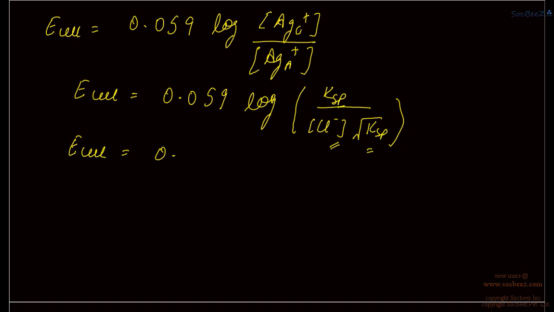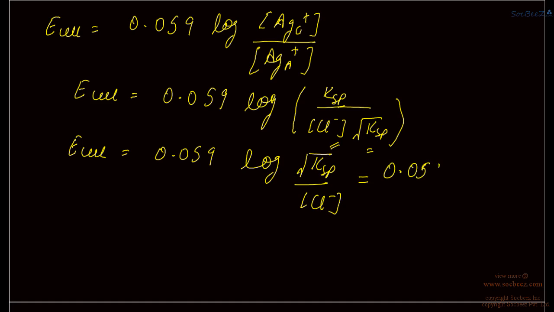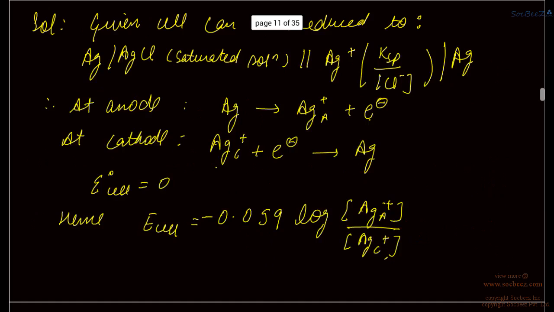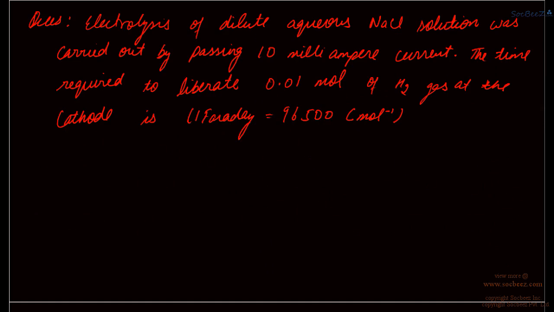So from here the value of E cell is 0.059 log under root Ksp upon Cl negative. It comes out to be 0.059 log Ksp upon Cl. So this is the correct answer. Let's see which one of the options corresponds to this answer. This answer is C.